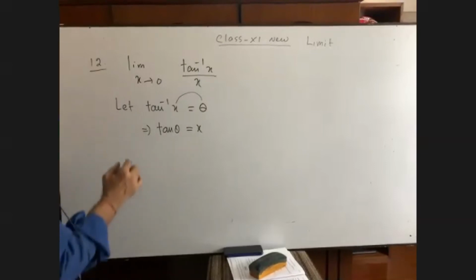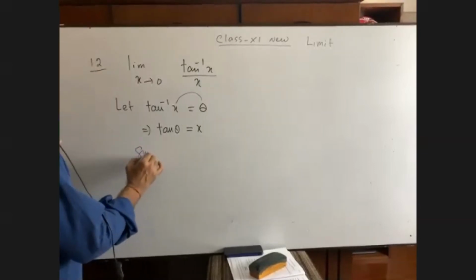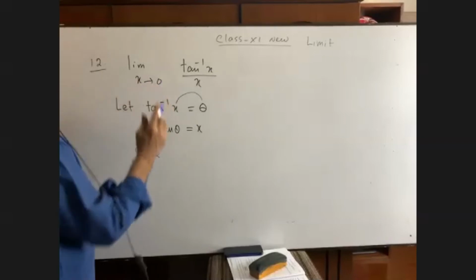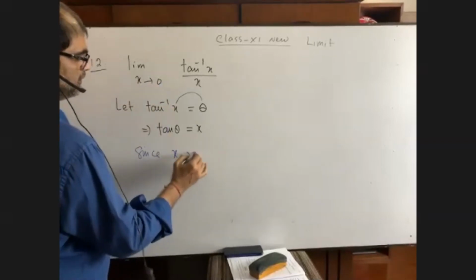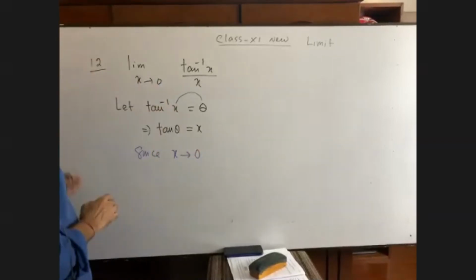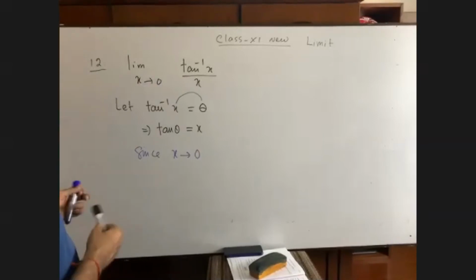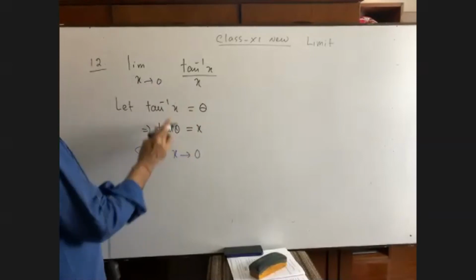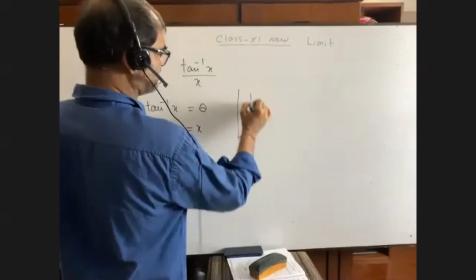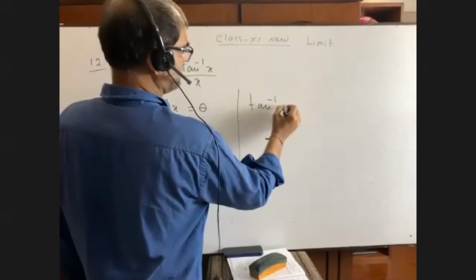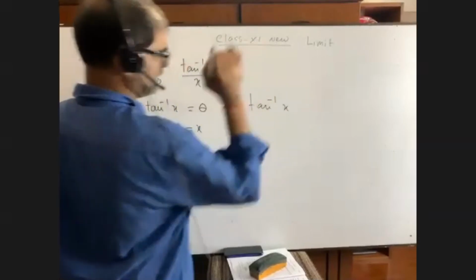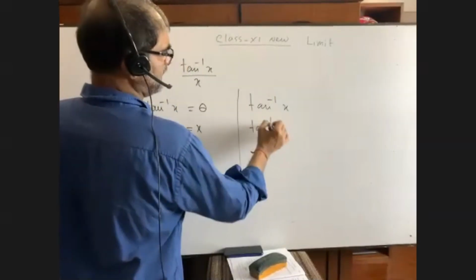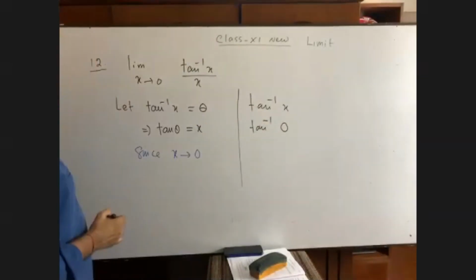Now, write down, since x tends to 0, if x equals 0, now please pay attention. If x equals 0, then what's our tan inverse x? X is 0. Then we are getting tan inverse 0.